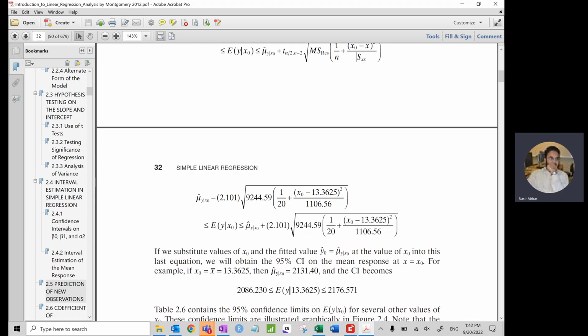If X naught is exactly X bar, the denominator doesn't matter, because the term is going to become 0 anyway. But if this is not exactly 0 and it is close to 0, then the denominator also matters. Also, from the practical point of view, you will not always be predicting close to X bar. You can be predicting right and left. So the bigger the width of X, the more practical it is to report.